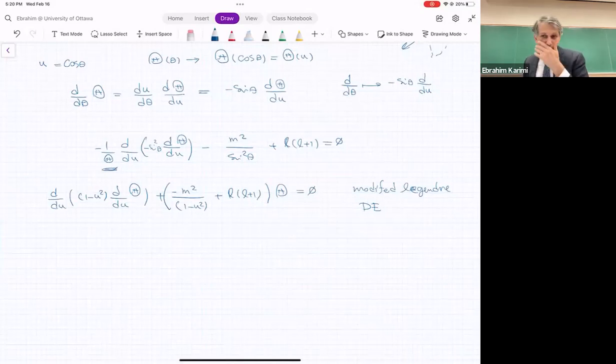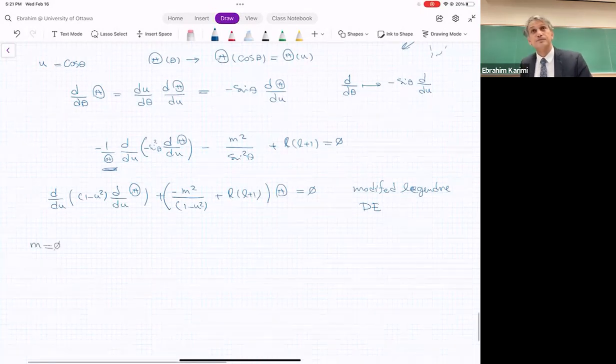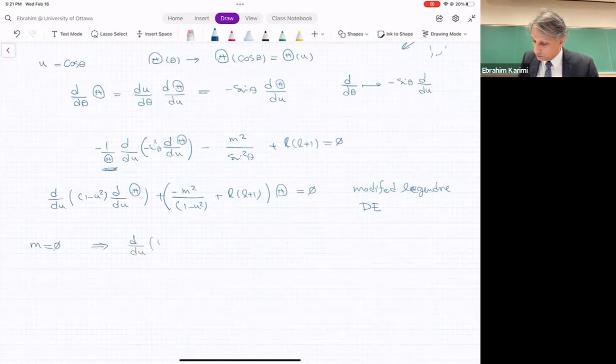Usually what people do, they will reduce this differential equation to something that we know how to solve. We solve it for m equal to 0. If you set m equal to 0, then you will get d du of 1 minus u square d theta du plus L times L plus 1 of theta equal to 0.